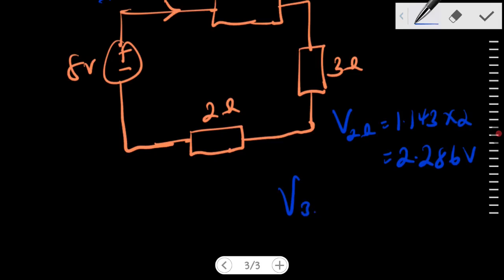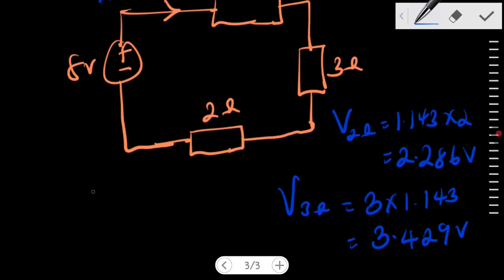Now, also the PD across the 3 resistor would be equal to 3 times 1.143, which gives 3.429 volts.